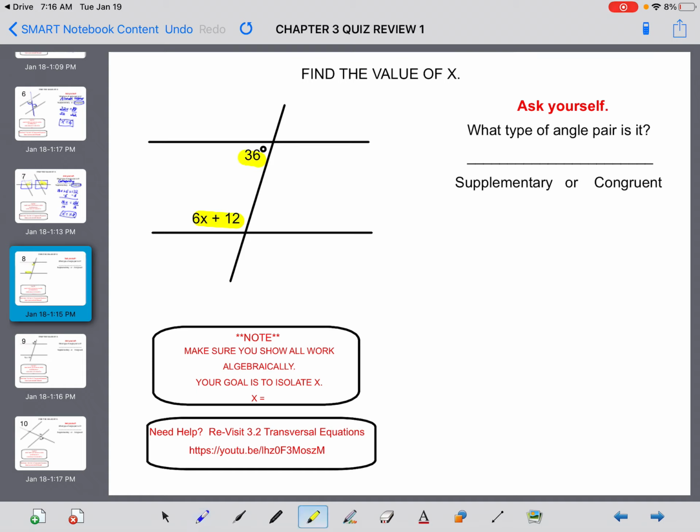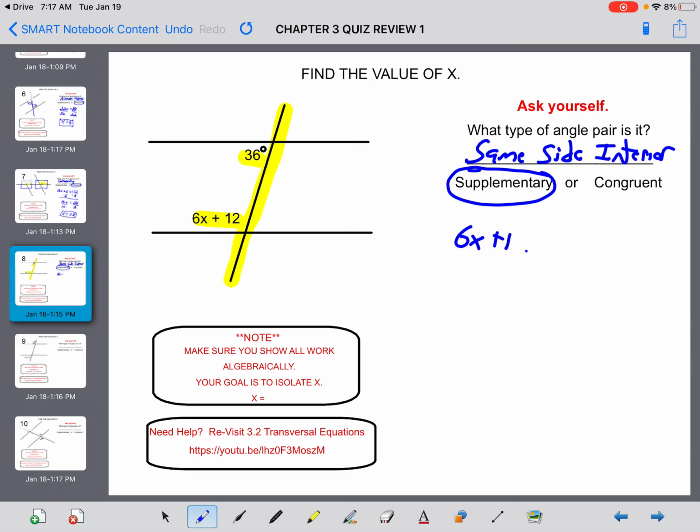Okay, here we have two interior angles on the same side of the transversal. These are same side interior. Same side starts with an S, so you know they are supplementary, which means they add up to 180 degrees. Okay, 6x plus 12 plus 36 equals 180.